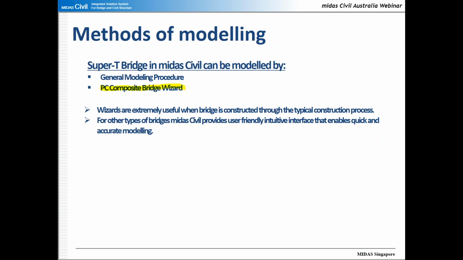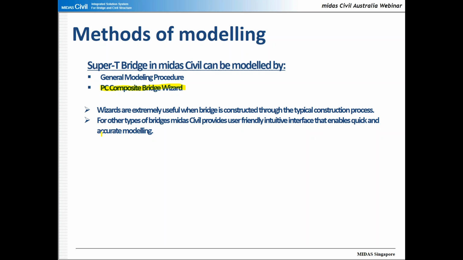So for today's presentation, we will be using this bridge wizard in order to model the Super T bridge. As I mentioned, this bridge wizard can be applied to curved bridges, skewed bridges, multi-curved bridges, and varying super elevation as well.